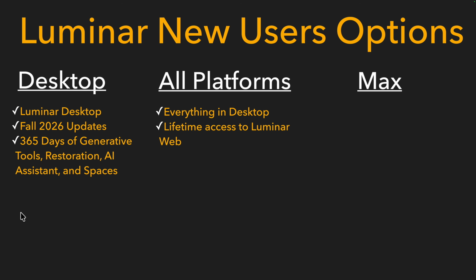What this comes with is mobile and the web, and you're getting access to all of this forever. Lifetime license, one-time purchase. So if you're new to Luminar and that's all that you really care to have, you're going to get a full package, one-time payment for all platforms.